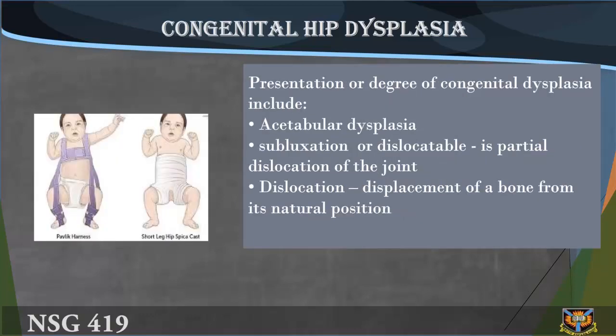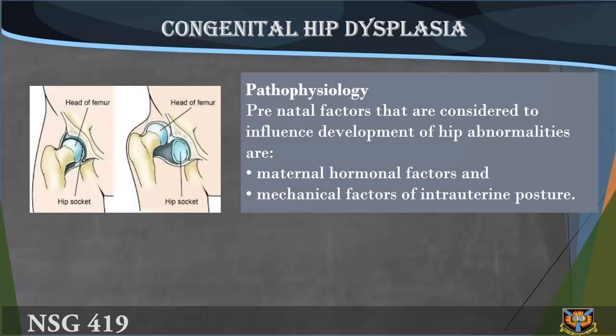Presentation or degrees of congenital dysplasia include acetabular dysplasia, subluxation or dislocatable, which is partial dislocation of the joint, and dislocation, displacement of a bone from its natural position. Pathophysiology.